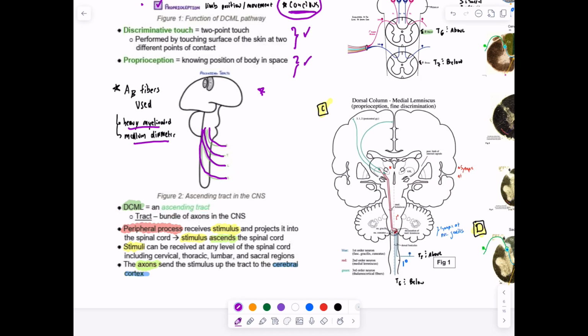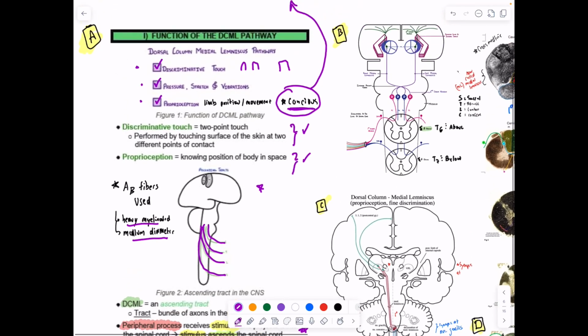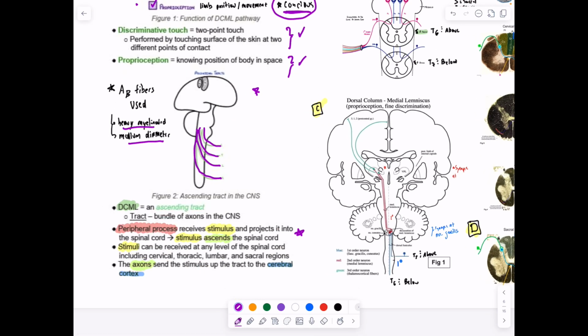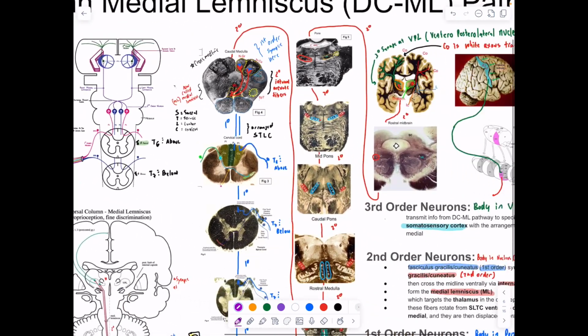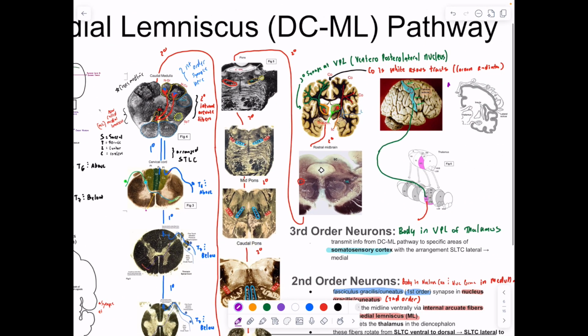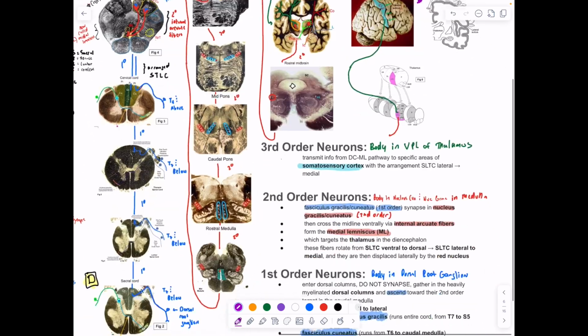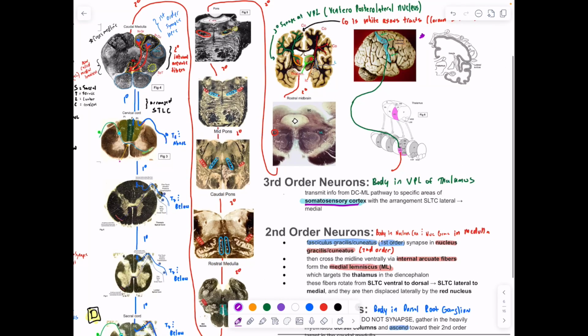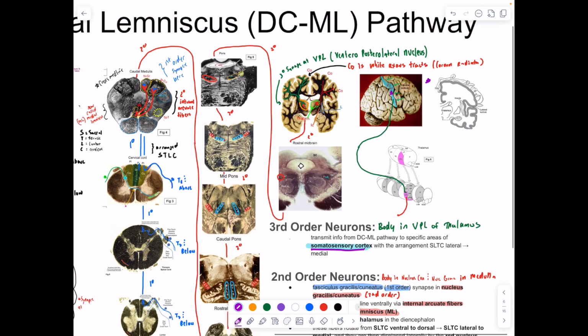All right, and so the idea is that we get the stimulus of, again, discriminative touch, 1 finger versus 2 fingers, pressure, stretch, and vibrations, and they come in through our pathway up to the thalamus, and then from the thalamus, they're going to go to our final portion of the cerebral cortex, the somatosensory cortex, all right, which we can see here.